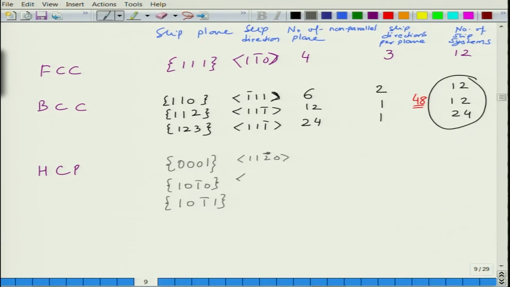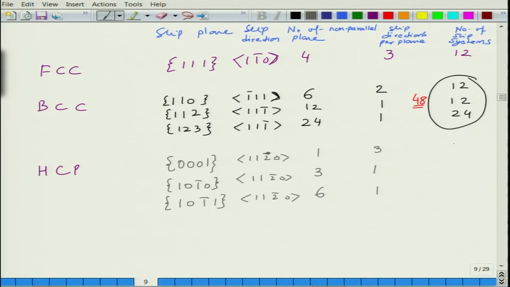There is one plane of the first type, 3 of 1 0 bar 1 0 type, and 6 of 1 0 bar 1 1 type. The first one contains 3 of these directions and the others contain only 1 and 1.